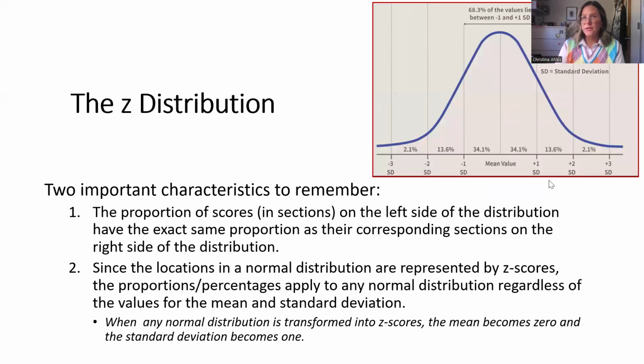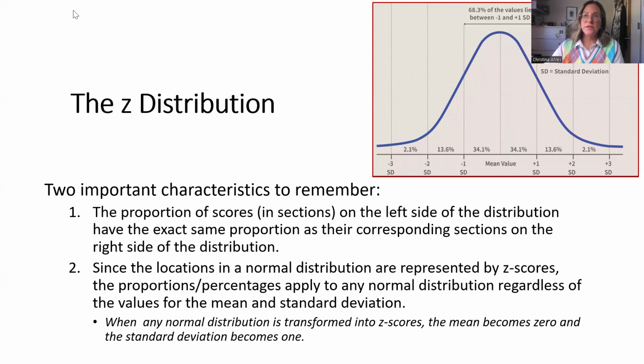So the z-distribution, also the standard normal distribution, they mean the same thing, has some important characteristics to remember. The distribution has these sections that are proportions of scores, which are also considered percentages.